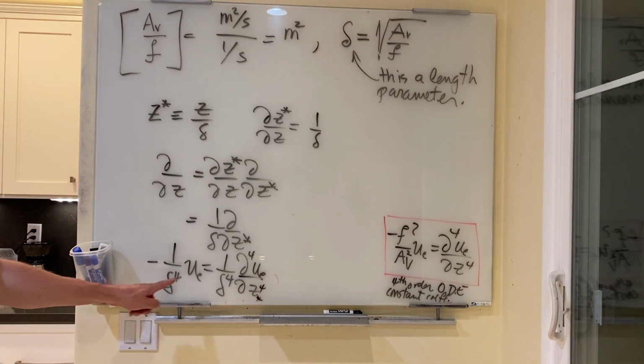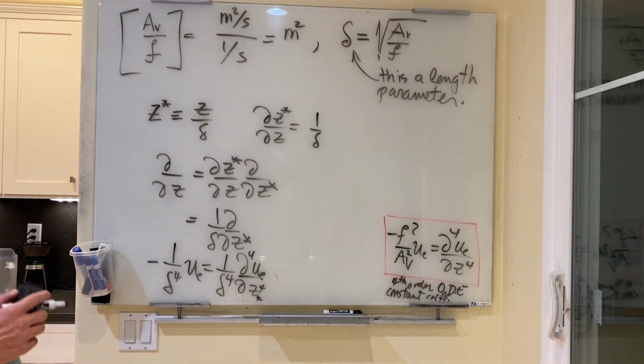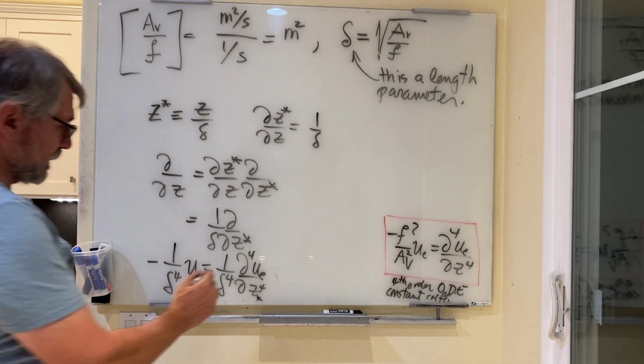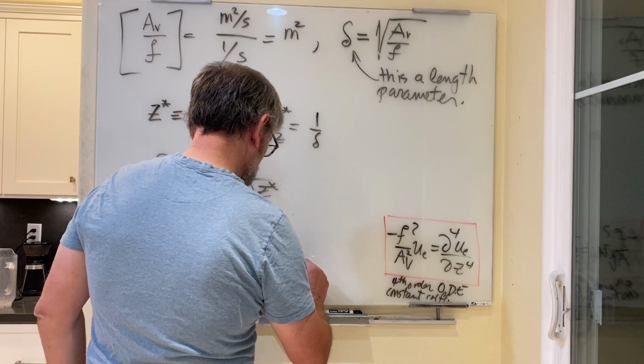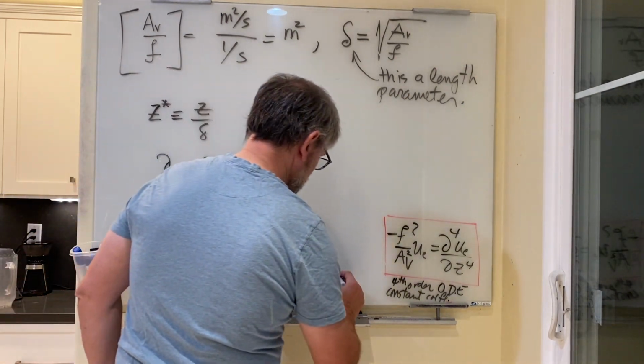And the nice thing now is that these 1 over delta to the 4th powers cancel. And so my equation, if I express derivatives with just primes, now becomes simply ue with 4 primes, 1, 2, 3, 4 for 4th derivatives, is just equal to minus ue.